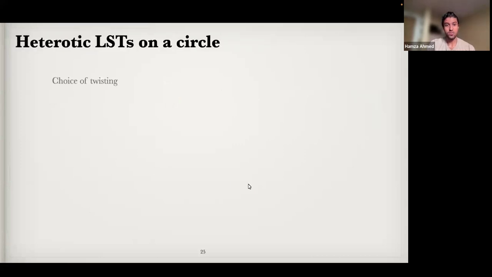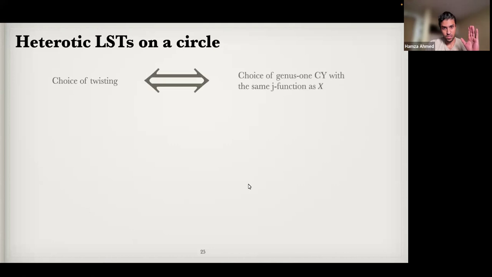So now we can put these theories on a circle, which is what we want. So remember, the choice of twisting corresponds to a choice of a genus-one Calabi-Yau with the same J function as your F-theory Calabi-Yau X. And then further remember that the twist, or what you may think of as the choice of the genus-one, acts on the torus fiber.